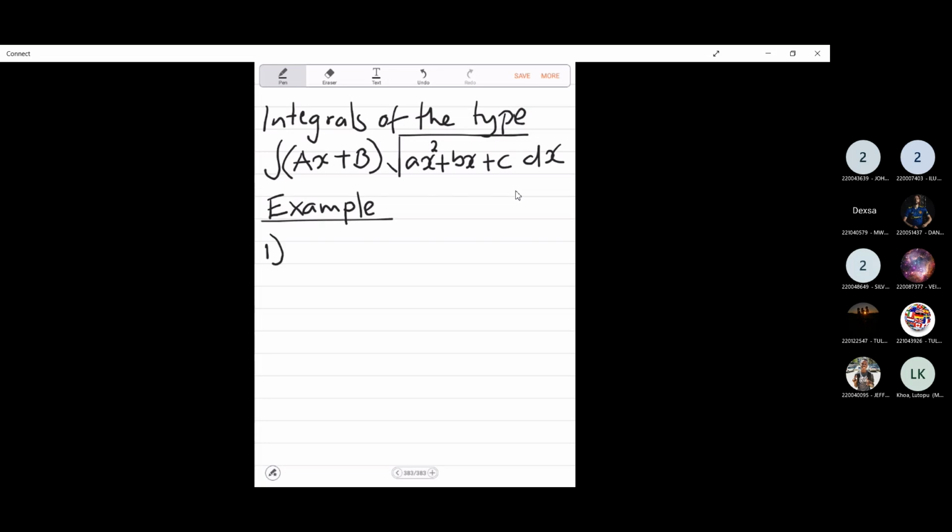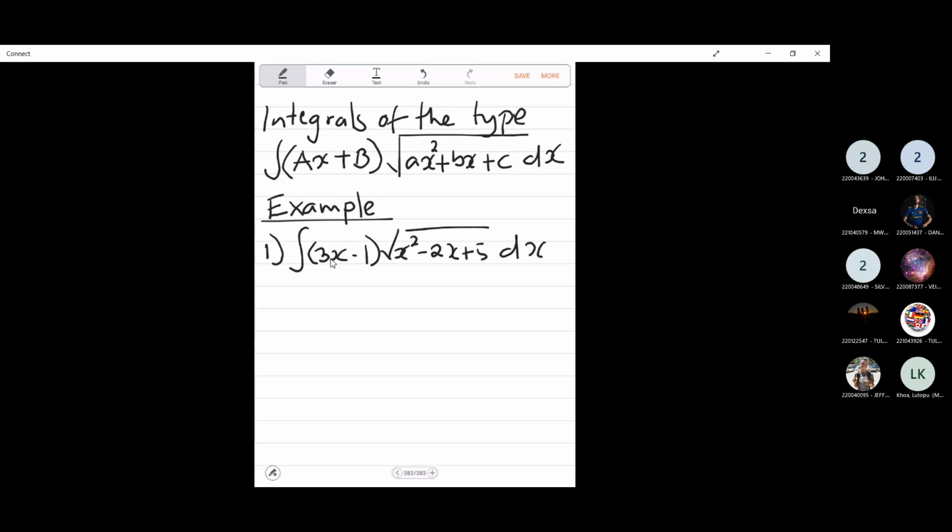We have the integral of 3x minus 1 times the square root of x squared minus 2x plus 5, dx. We want to break this 3x up so that one part will be the derivative of x squared minus 2x plus 5, and the other part will be a constant. The derivative of that will be 2x minus 2.